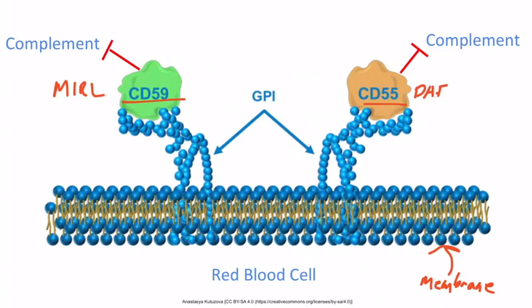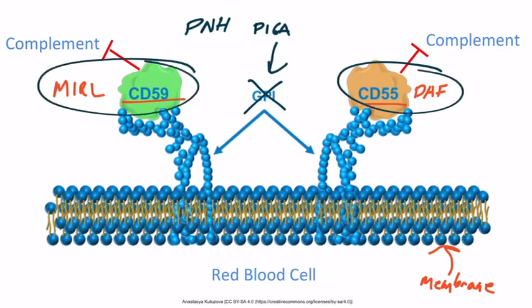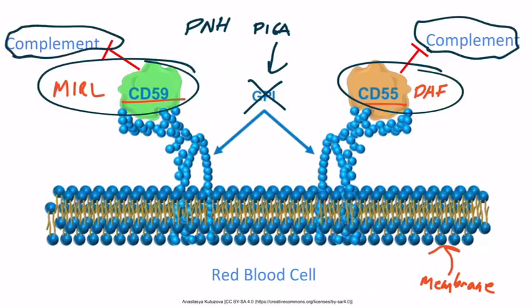As a quick review, do you remember what DAF stands for? Decay accelerating factor. What about MERL? That stands for membrane inhibitor of reactive lysis. So again, paroxysmal nocturnal hemoglobinuria results from a PIG-A gene deficiency or mutation, which leads to a deficiency in GPI protein, which means there's no way to anchor these important proteins. Therefore, complement on the red blood cell surface will be unregulated and unfettered, and these red blood cells will lyse.